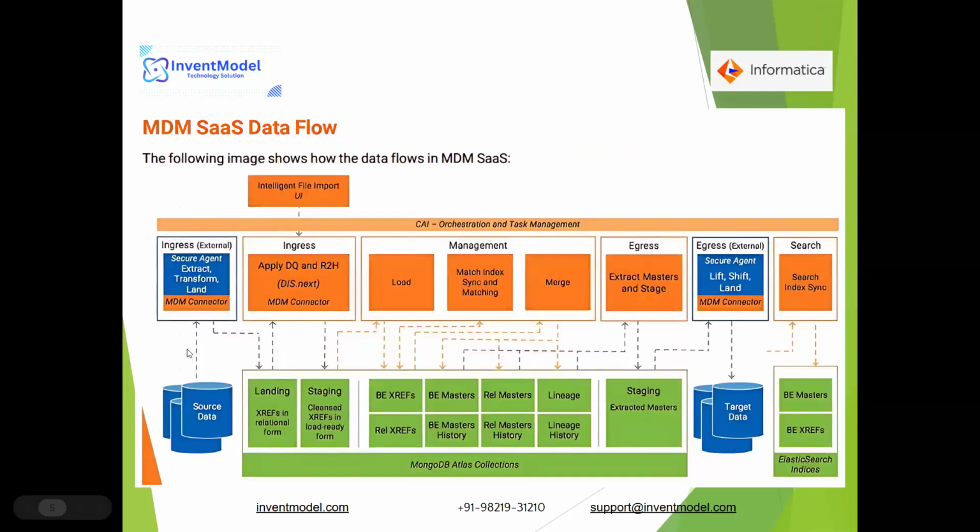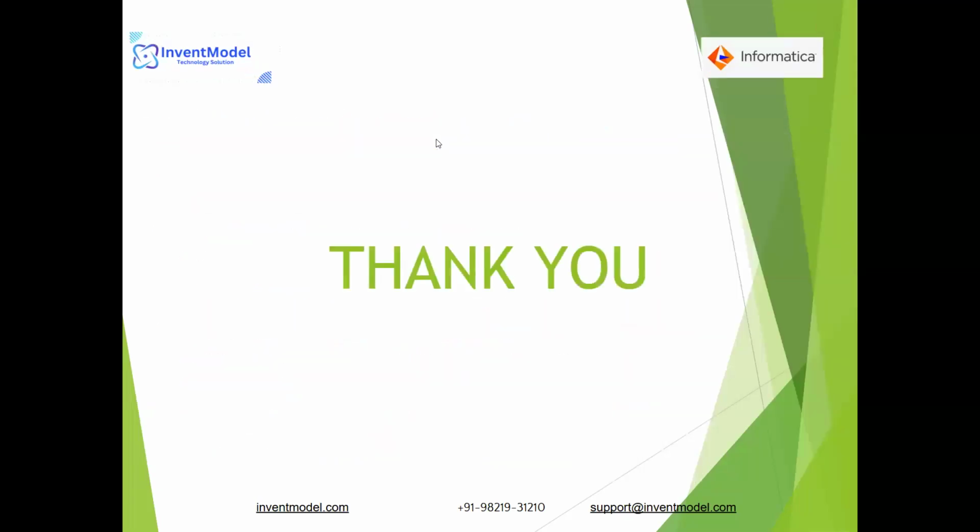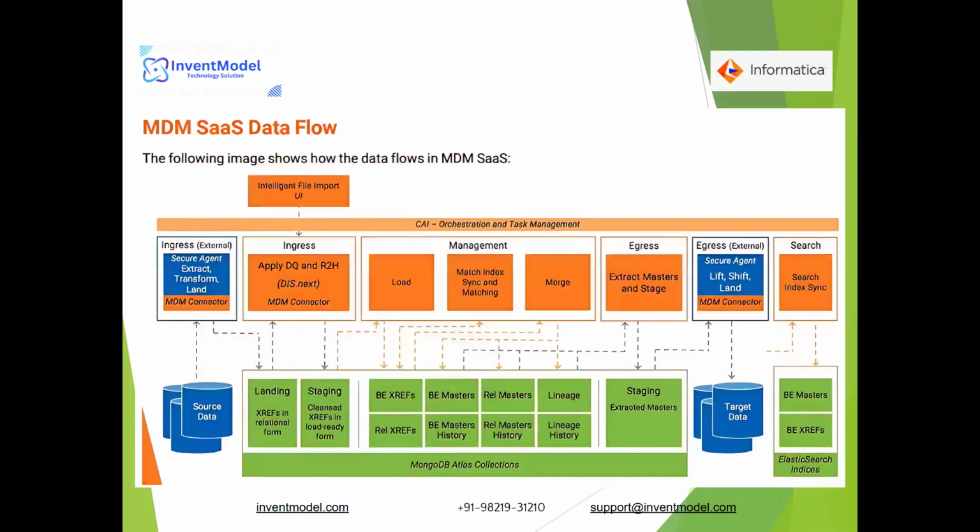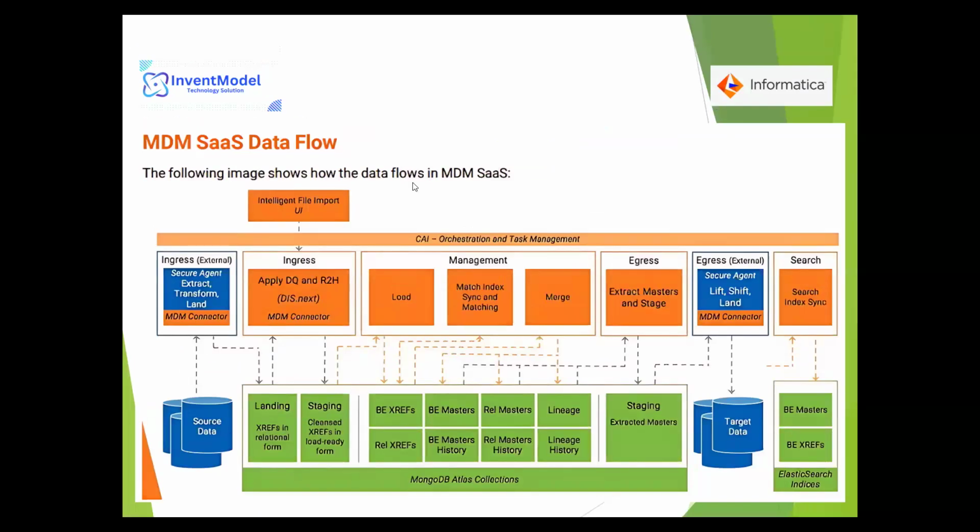So basically, in this PPT, we have shown how the data flow happens in MDM SaaS, and we will explain each of these boxes and help you understand how good data goes from one step to another.